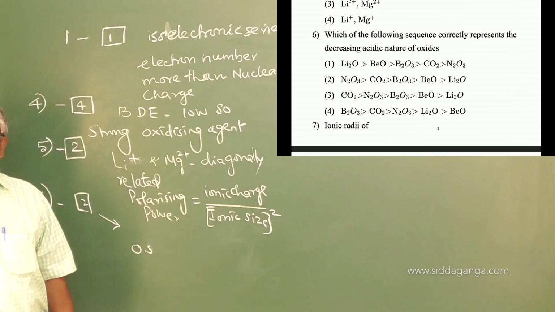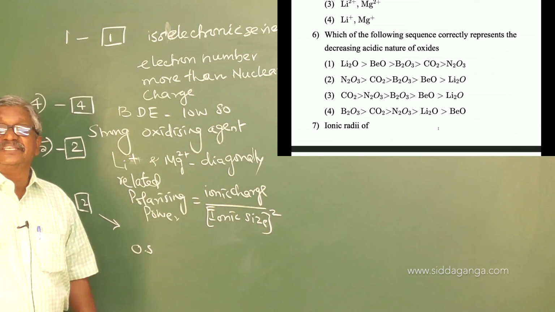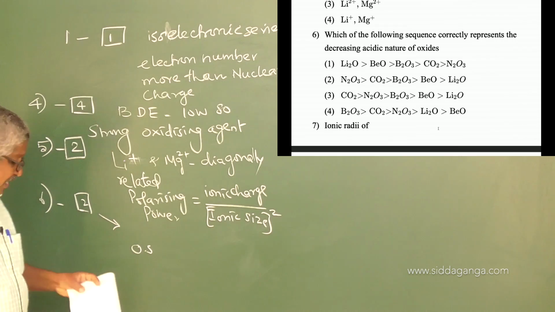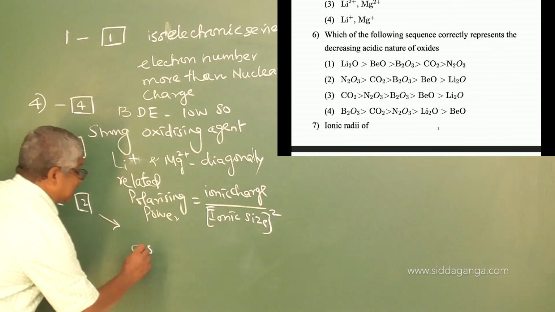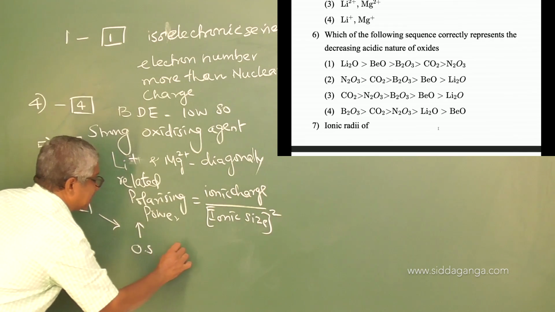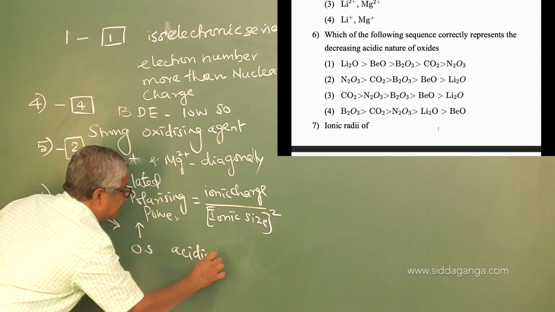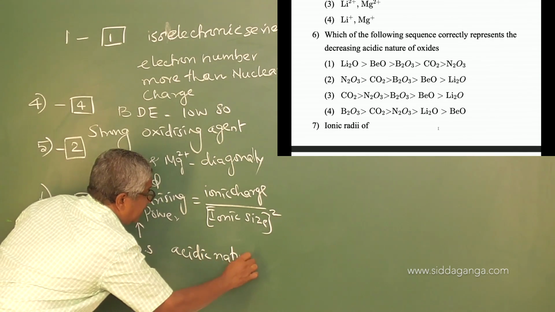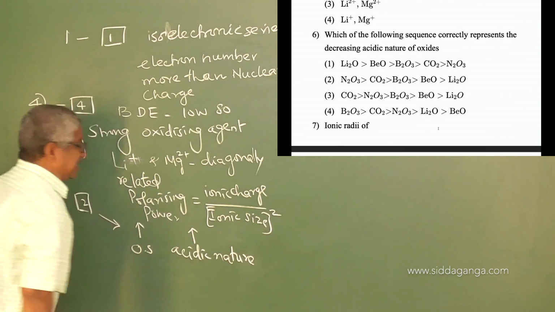It goes on decreasing with the oxidation state. If oxidation state increases, acidic nature also increases.